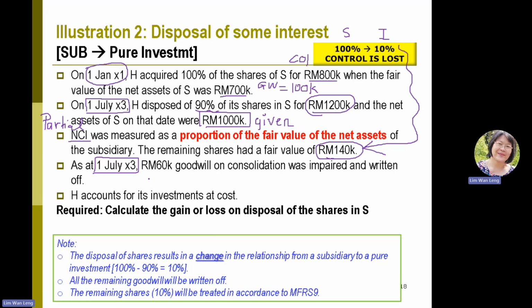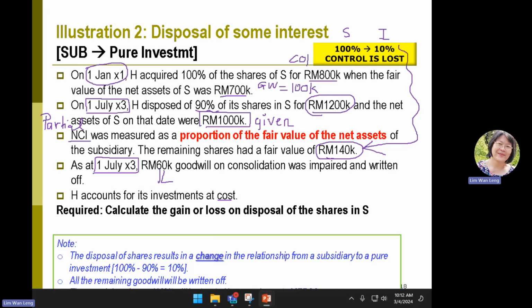So that means you calculated your goodwill 100,000, isn't it? Then impairment loss was 60. So which means unimpaired goodwill will be 40 only. So they tell you they account for the investment at cost. Of course, this particular note is just trying to tell you what should be the accounting treatment.